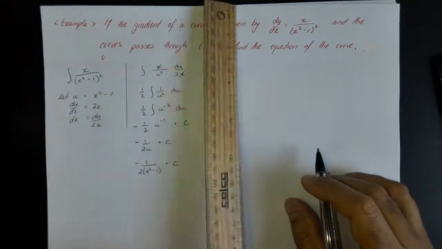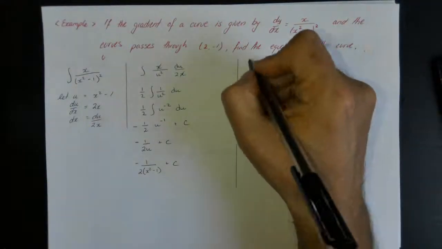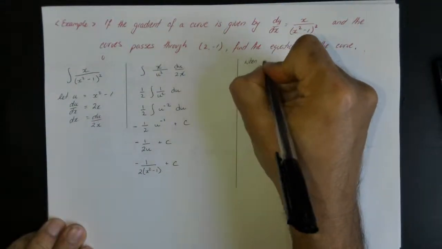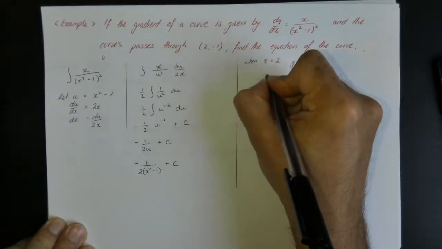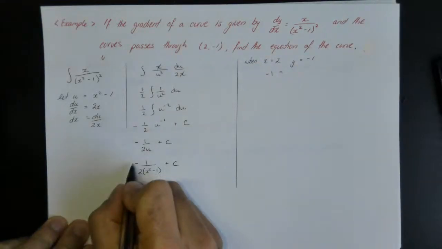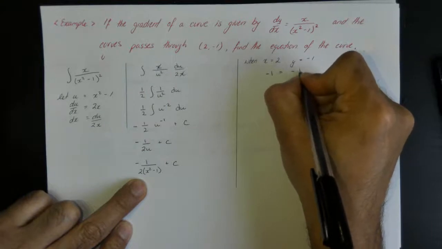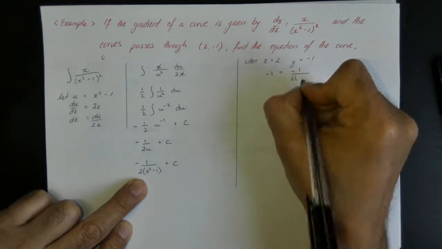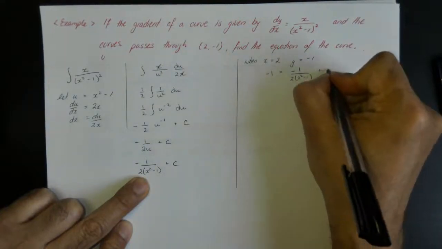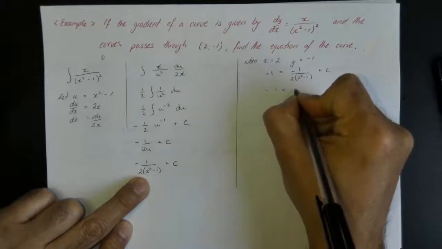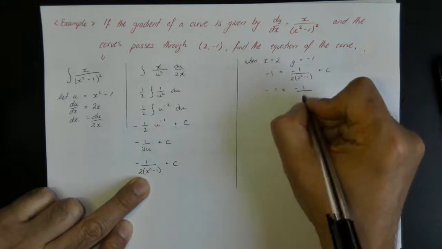Okay, so we still haven't finished. We want to find the equation. So that means when x equals 2, y equals -1. Remember that this is what y is. Now x is 2, so 2 squared minus 1. So 4 minus 1 is 3 times 2 is 6.